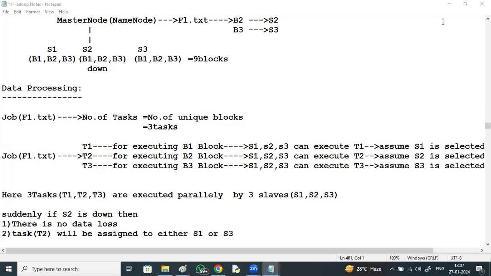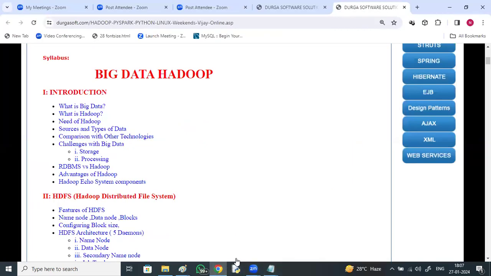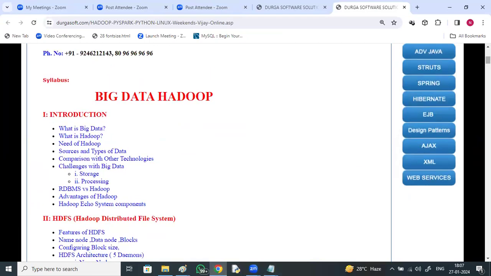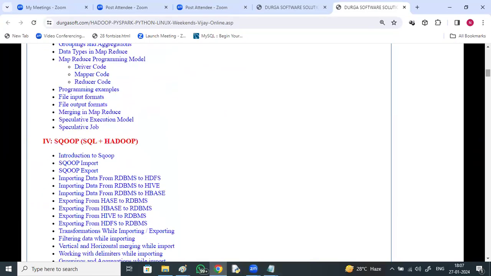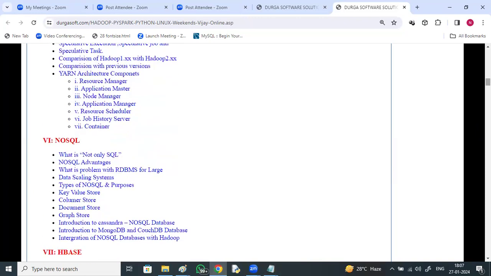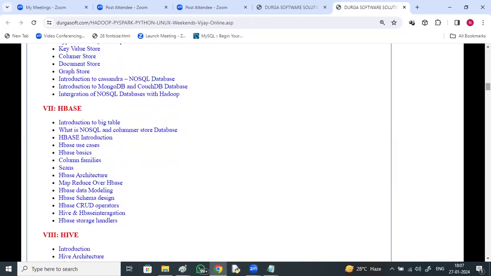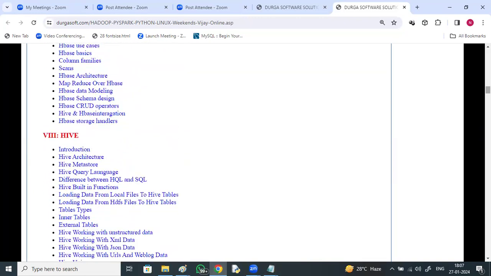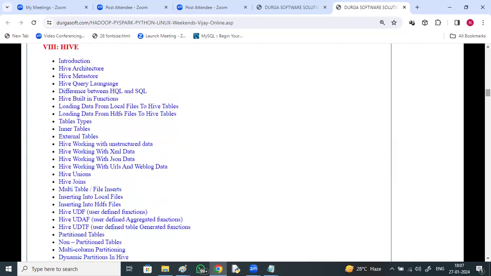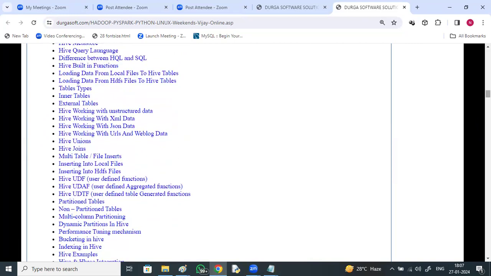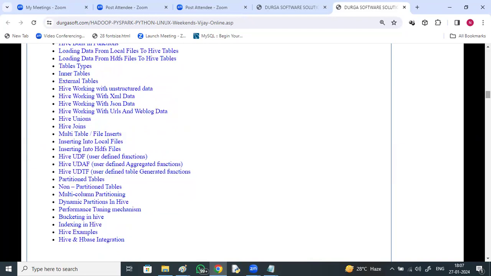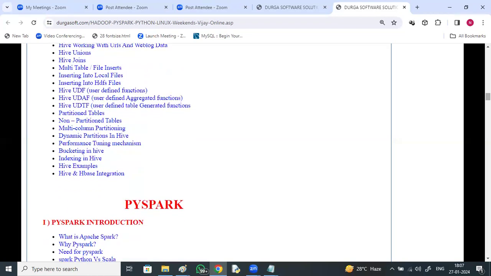You can go through the course content, with the main concentration on PySpark. It covers introduction to big data, HDFS, MapReduce, Sqoop, YARN, NoSQL databases, HBase, and Hive. We have a lot of discussion on Hive, working with different data: XML, JSON, URL, weblog data.